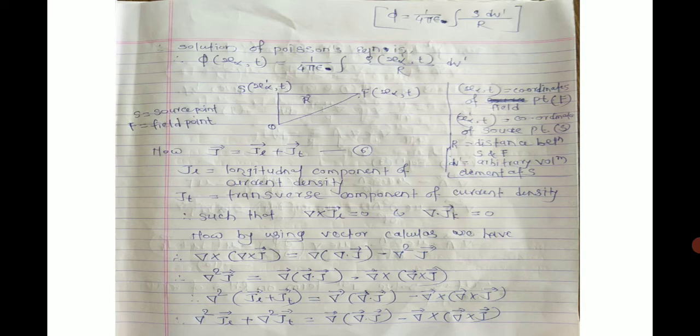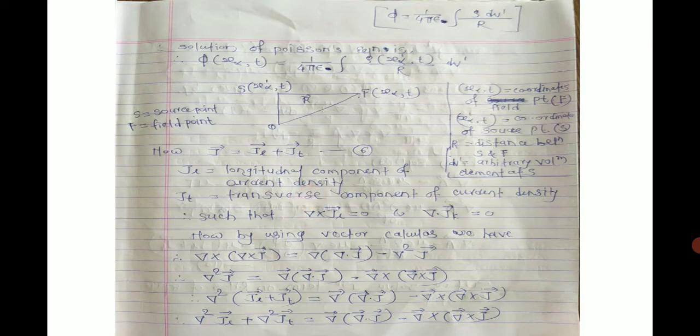Now one equation is there, that is J bar is equal to JL bar plus JT bar, where J is the current density, JL is the longitudinal component of current density, and JT is the transverse component of current density.